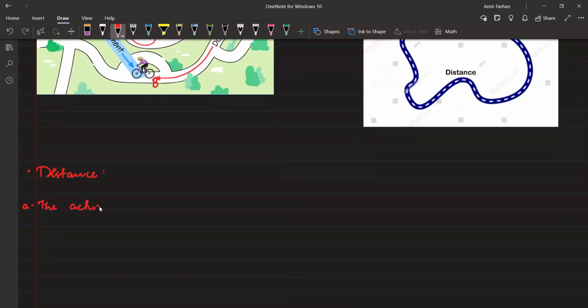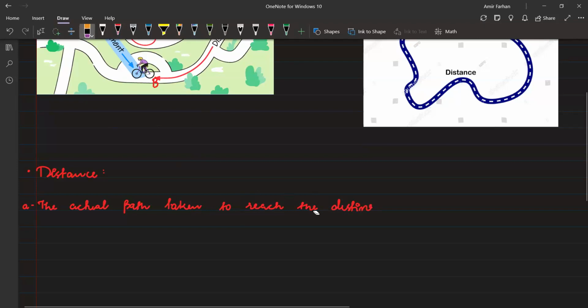Distance by time, displacement by time. The actual path taken to reach the destination point by the body or the object.